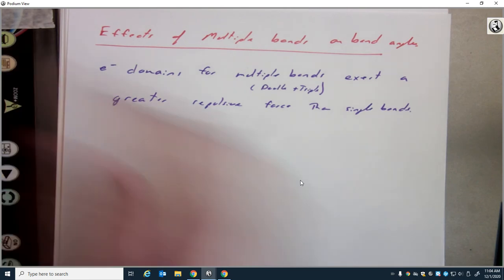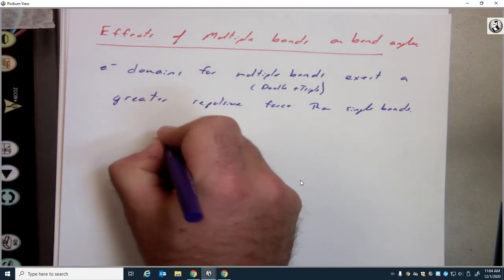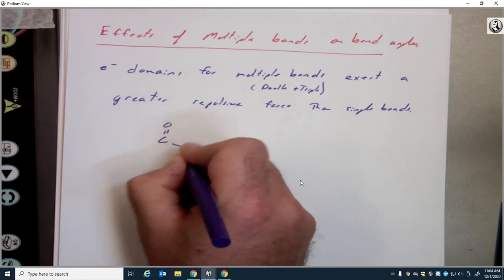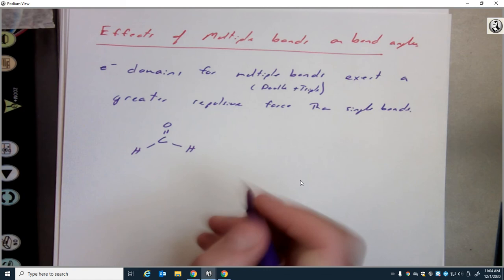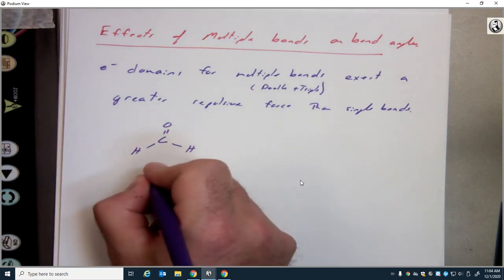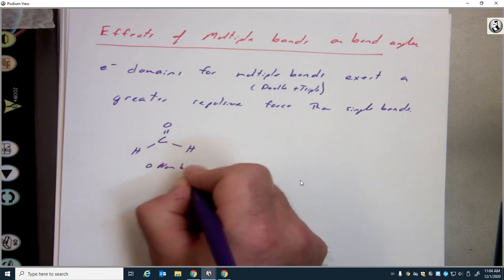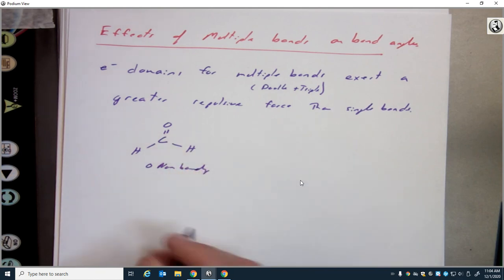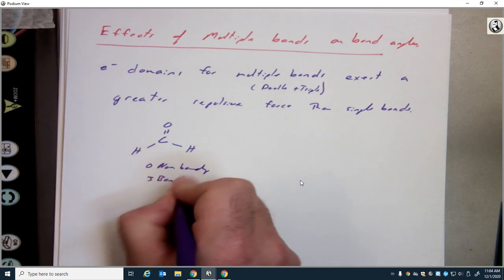So if we look at something like this, in this case, we have 0 non-bonding and 3 bonding.